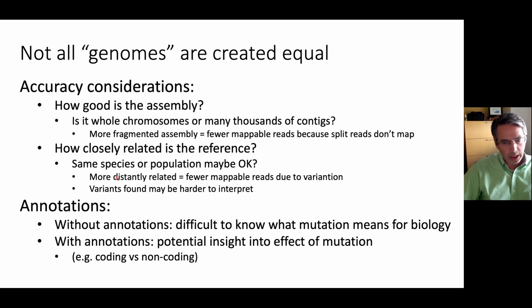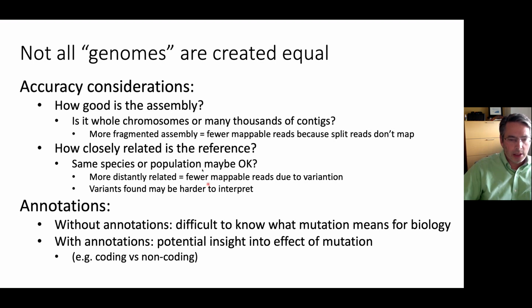The more distantly related, the fewer mappable reads you're going to have, right? Because the sequences don't match well enough for your read to find a place in the genome. And that also means, right, if you accidentally map a read to the wrong place in the genome, you're going to call variants that aren't real.